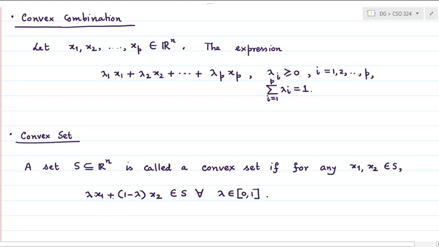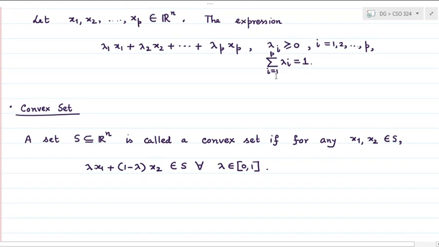Fine. So geometrically it says that a set S is convex if you take a pair of points.